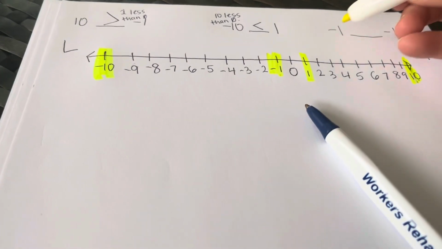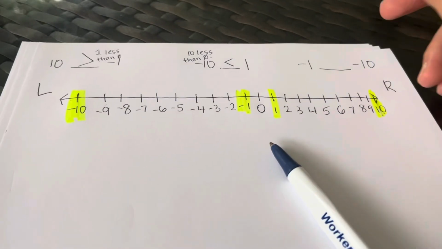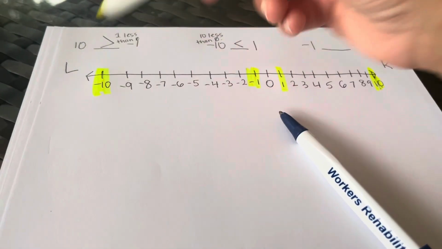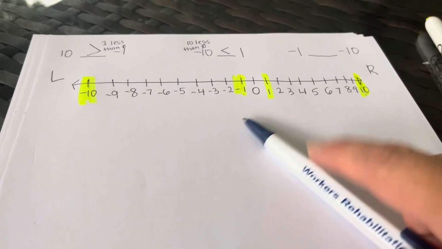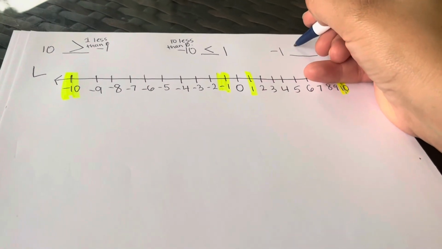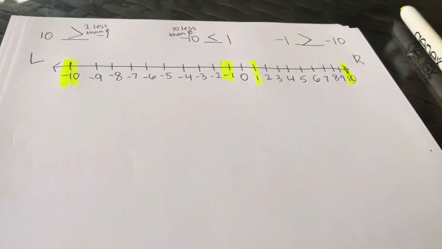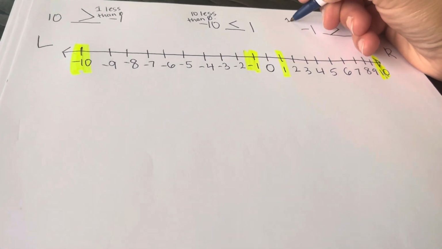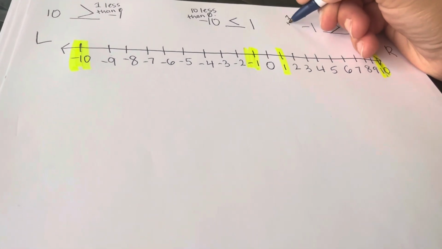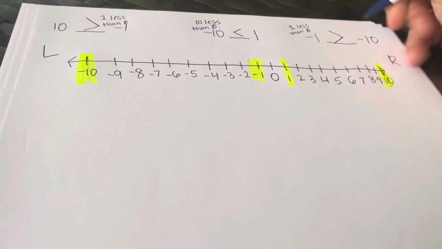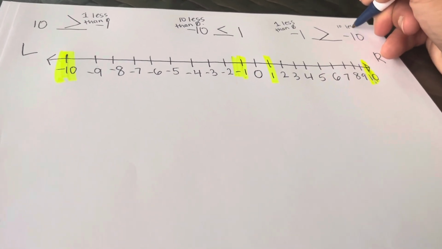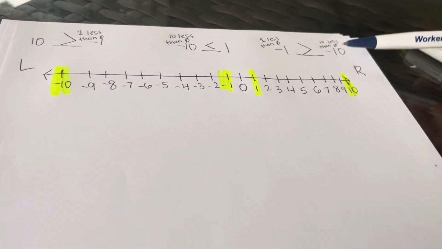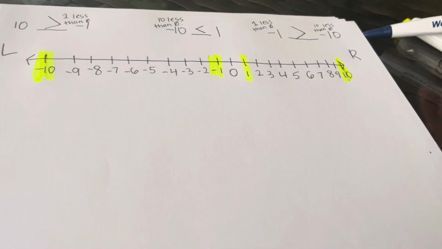This one, they're asking you to compare 2 numbers that you already have highlighted. Negative 1 is here. Negative 10 was over here. Negative 1 is farther to the right, which tells me that it's a greater number. It's also a greater number because this is only 1 less than 0, while this one is 10 less than 0, which means you would have to make up 10 just to get back to 0.